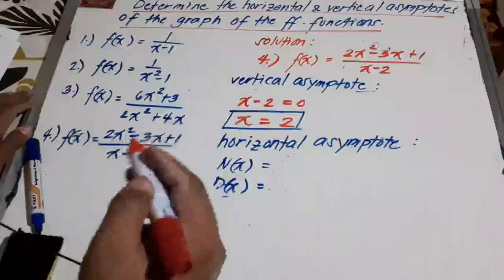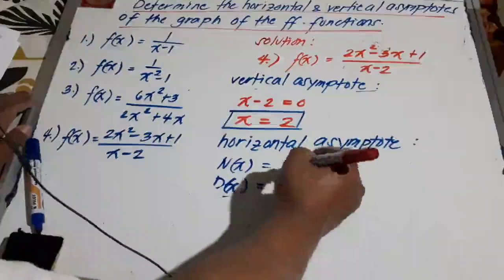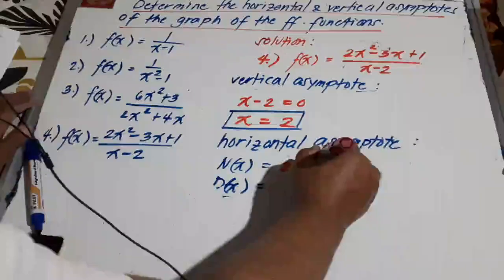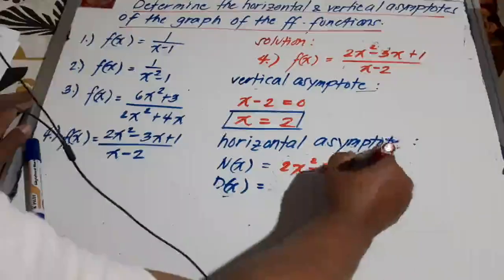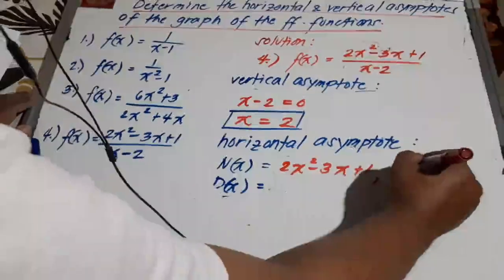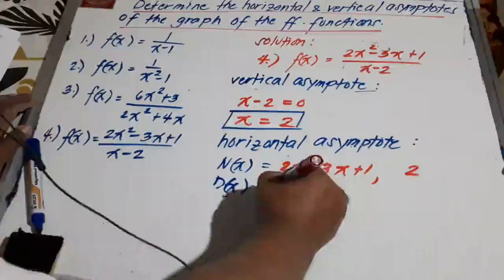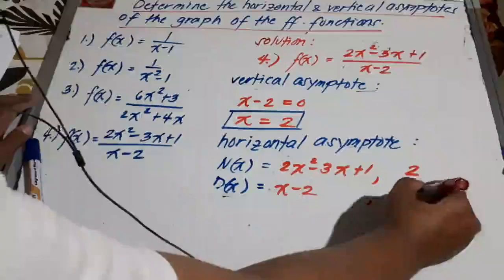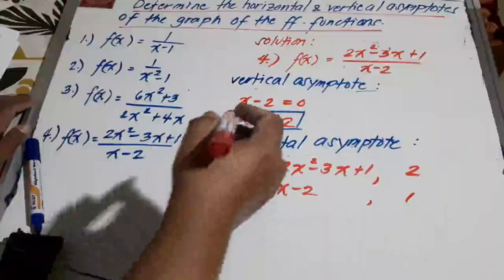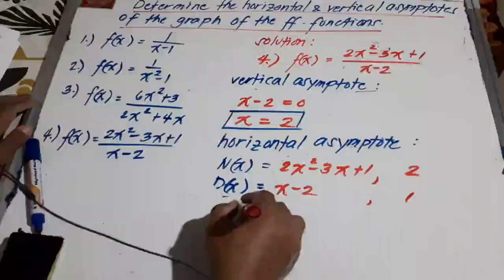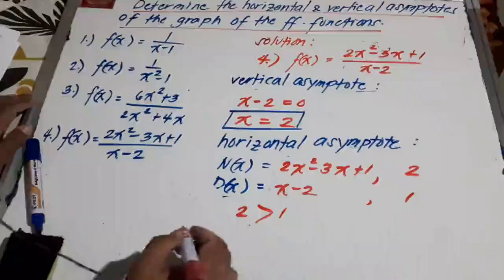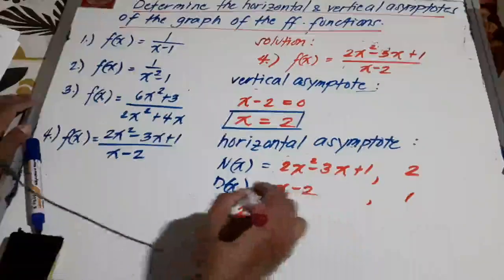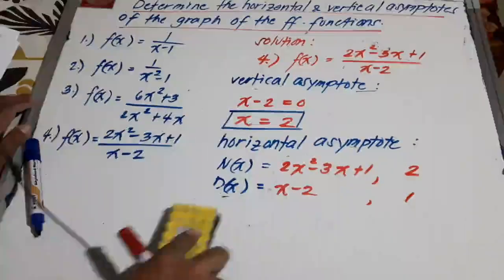For the horizontal asymptote, we have here 2x squared minus 3x plus 1. Ang degree nito, 2. Okay? Sa baba, x minus 2. Ang degree nito, 1. Okay? So, ibig sabihin, yung degree 2 is greater than 1. Mas malaki yung degree sa taas ng x.